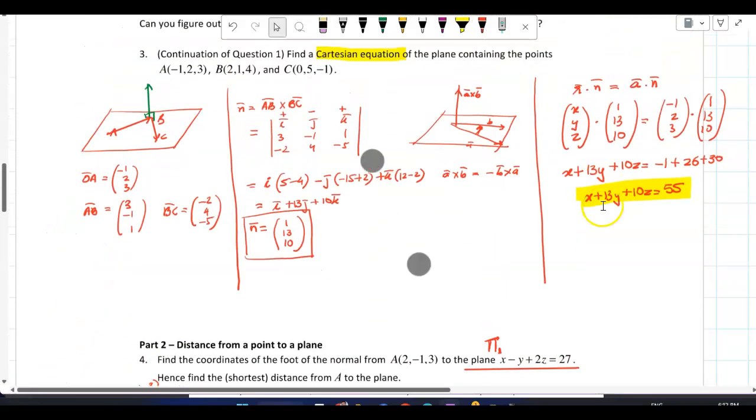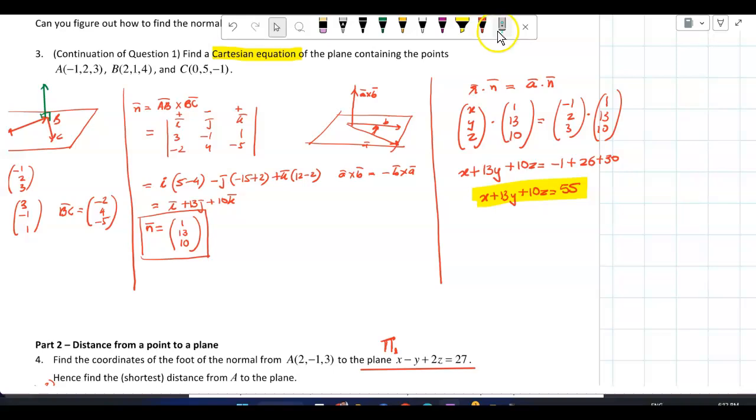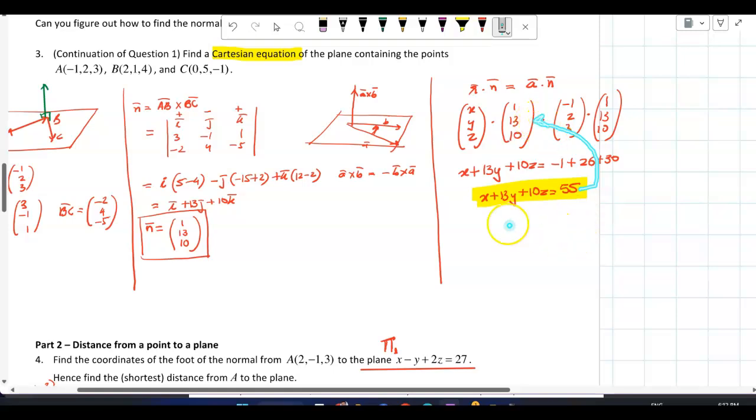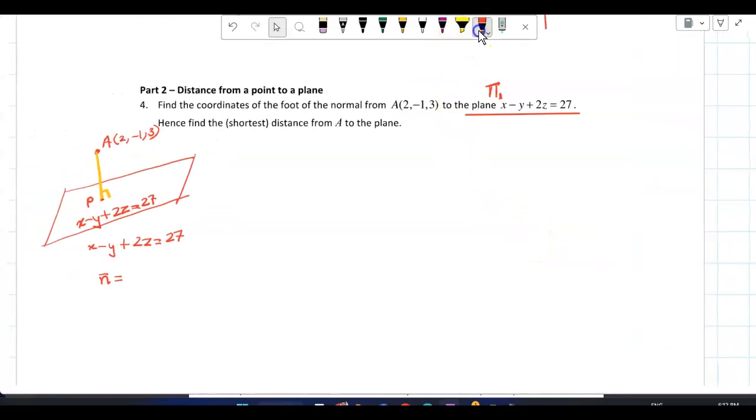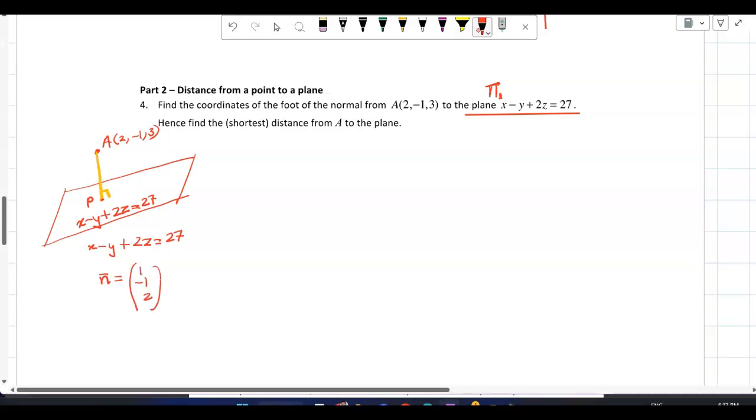The coefficients of x, y and z give the normal. So the normal to the plane would be 1, minus 1, 2. That's the normal to the plane, so vector PA is along 1, minus 1, 2.